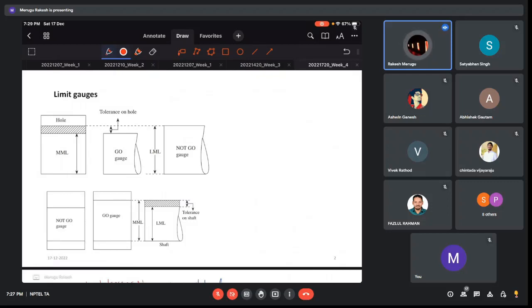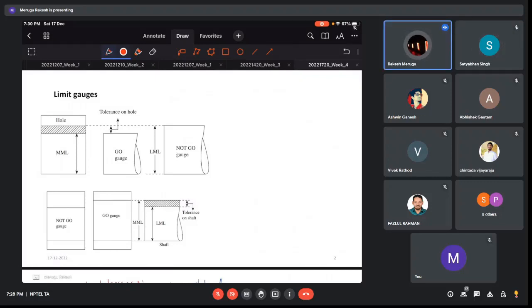In this, you need to learn about the types of these limit cases, and these gauges will be designed on three different systems, I can say. These are the two main things. Once it is done, I can go into a little bit of theory. So you are aware of these limit gauges, go and no go gauges. Yes, sir. Okay, then it is easier.